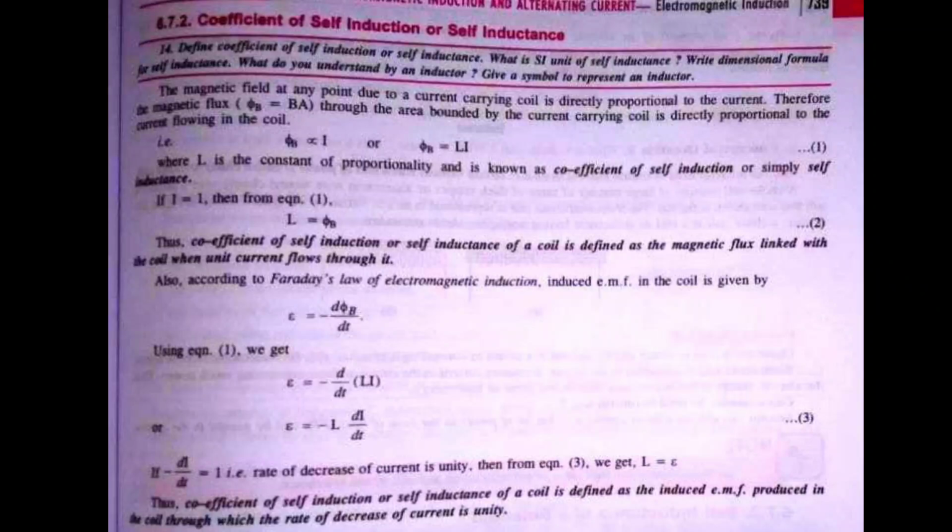Then we have epsilon equal to minus L dI over dt. If minus dI over dt is equal to 1, that is, the rate of decrease of current is unity, then we have epsilon equal to L, and so we get the definition of the coefficient of self-induction in terms of induced EMF.